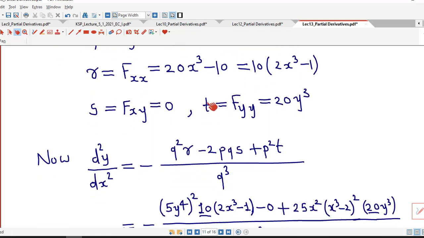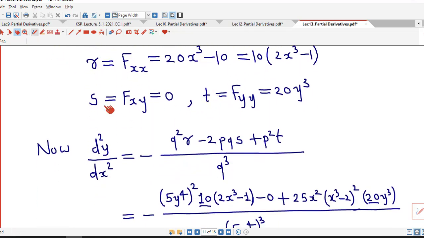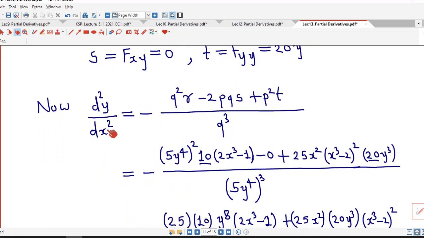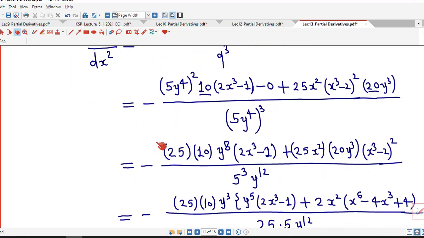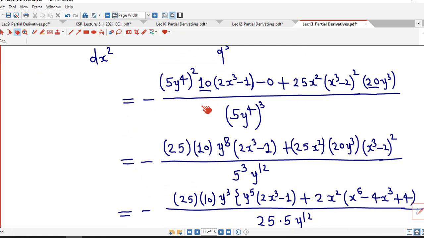Now we substitute all these values in this expression for the second order derivative with respect to x. After putting all these values, we have this expression, so we simplify it. Here we have 5y raised to 4 whole square, which we can write as 25y raised to 8 into 10 times 2x cube minus 1 as it is.